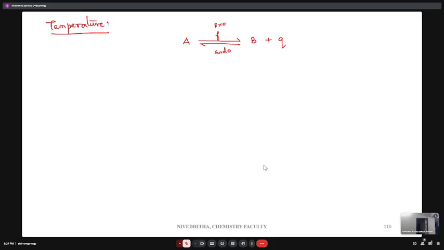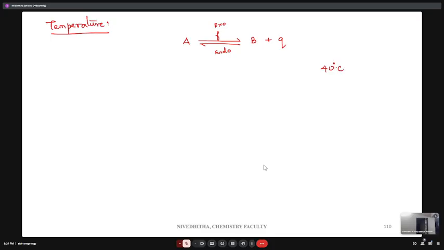Here I've given you a hypothetical reaction, but what we can take is, whenever the forward reaction is exo, backward will be endo. If the forward reaction is endo, then the backward reaction will be exo. It will be just opposite. For example, this reaction is at equilibrium, and the equilibrium temperature is 40 degrees Celsius.